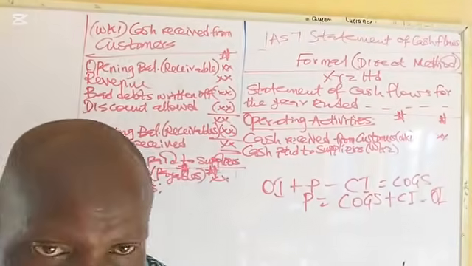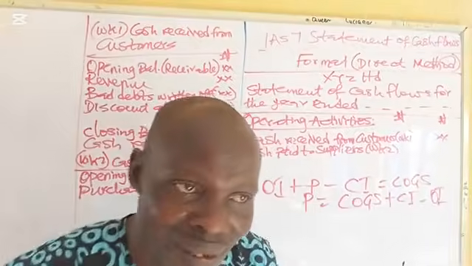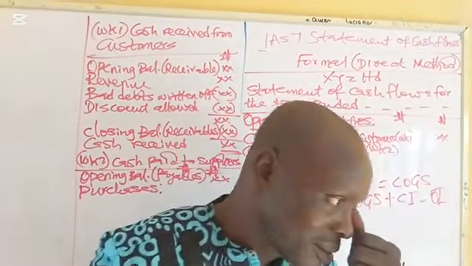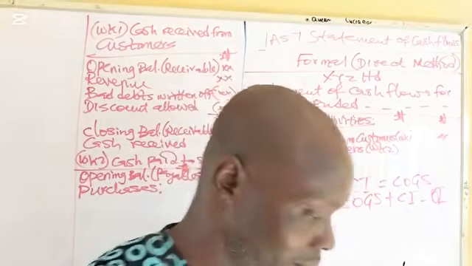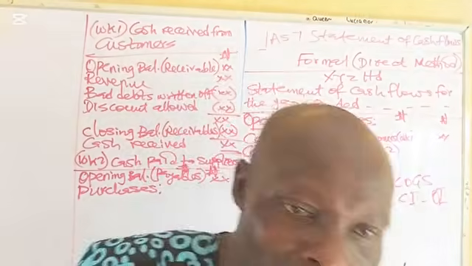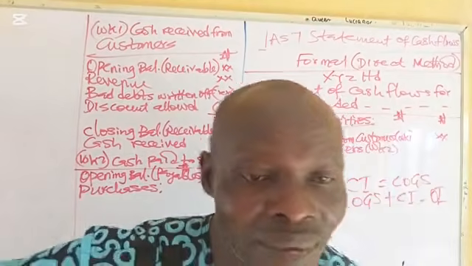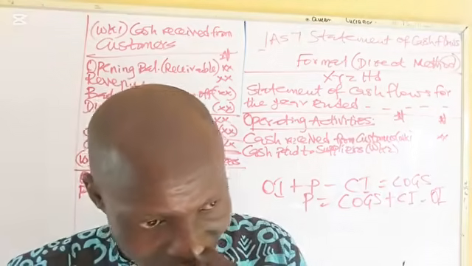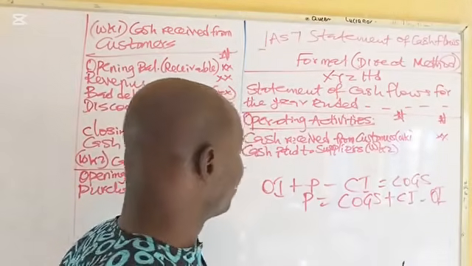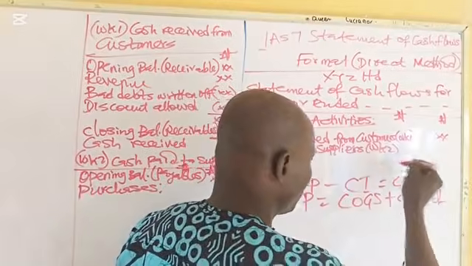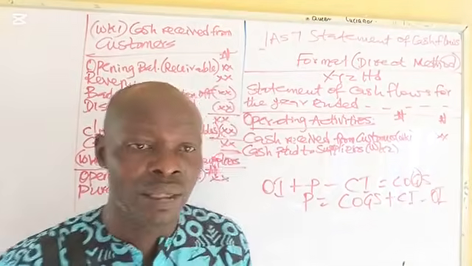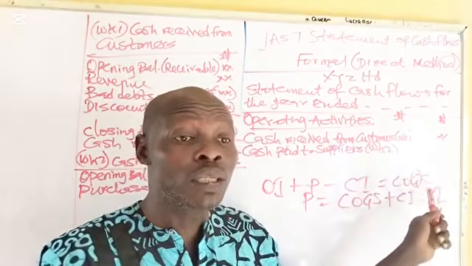Cost of goods sold is the amount of goods that was sold for that particular event; after deducting closing inventory, you get your cost of sales. Cost of goods sold carries what?